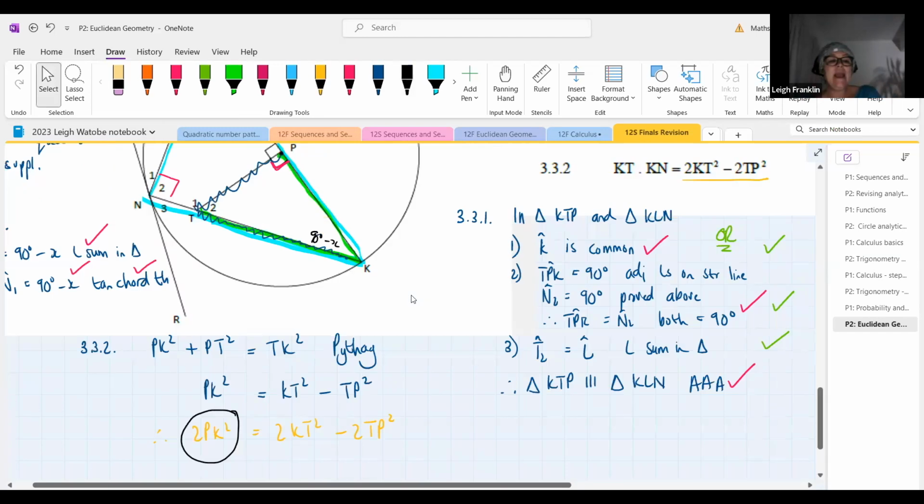Now somehow I have to relate 2 PK squared, or PK squared, to KT times KN. That's what I need to prove. PK squared has got to be equal to KT times KN.